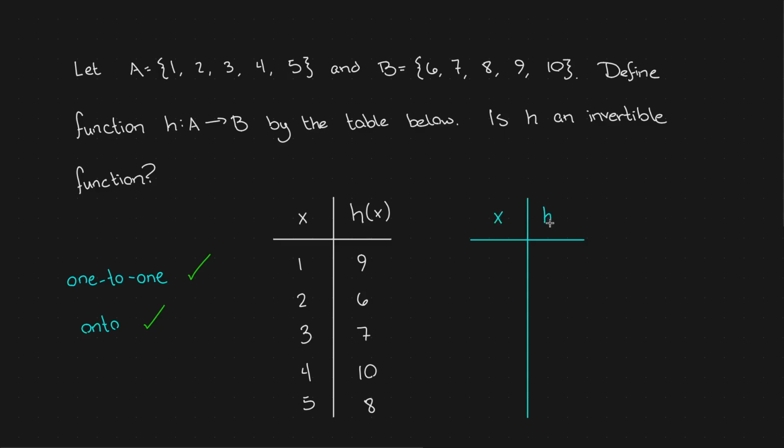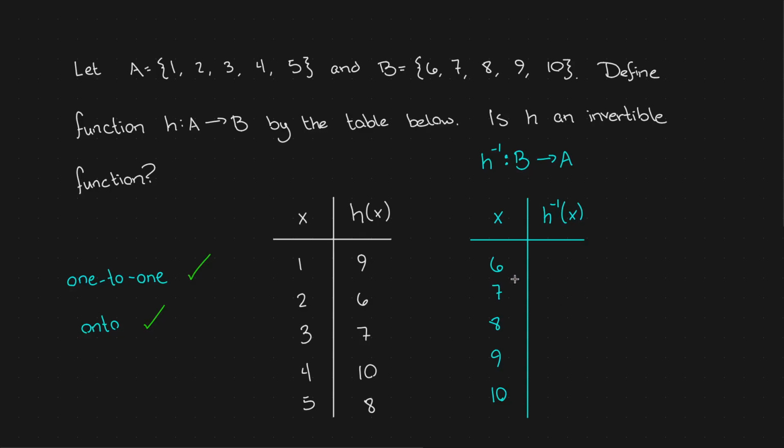Well, let's see. Since h maps A to B, h inverse is going to go the opposite way. It's going to map B into A. So B has elements 6, 7, 8, 9, 10, and those go on my right-hand side for the table mapping h inverse, if it exists.